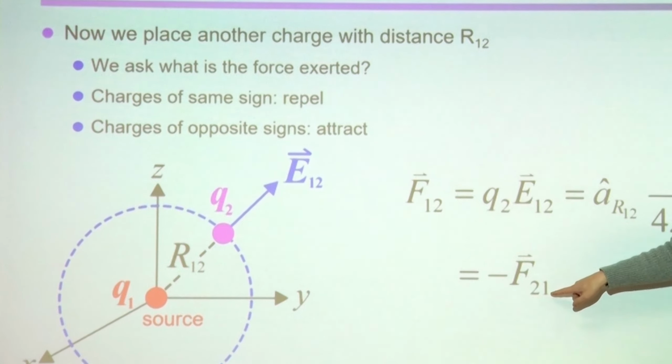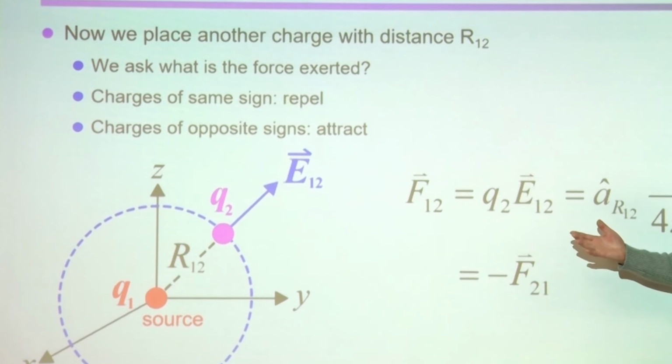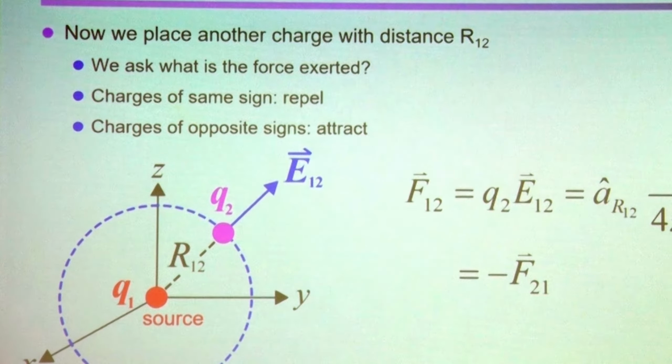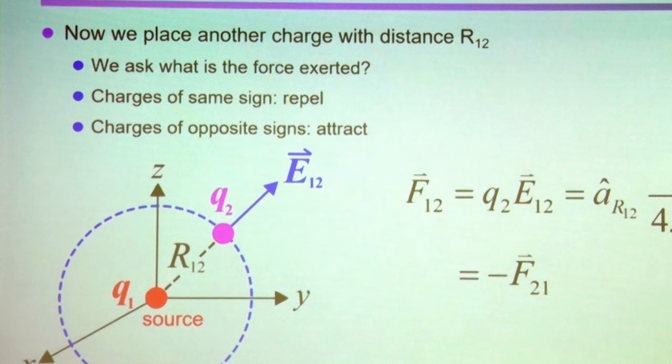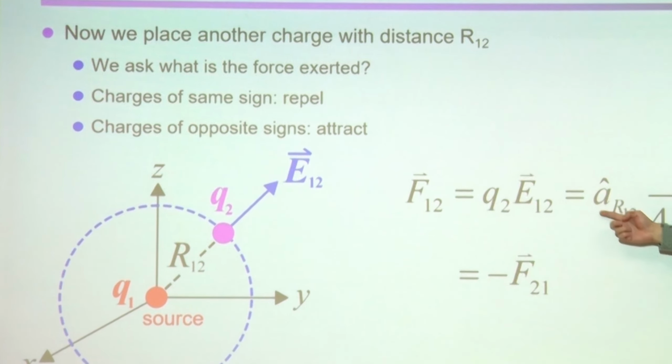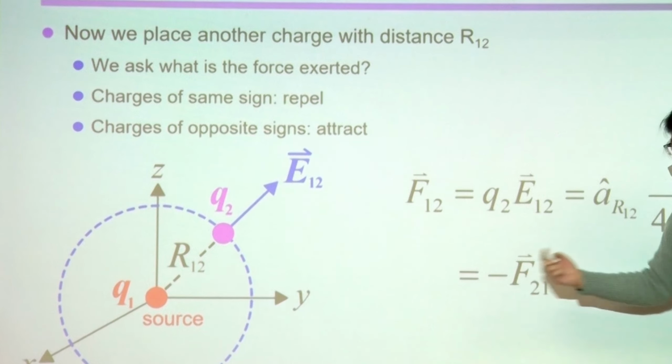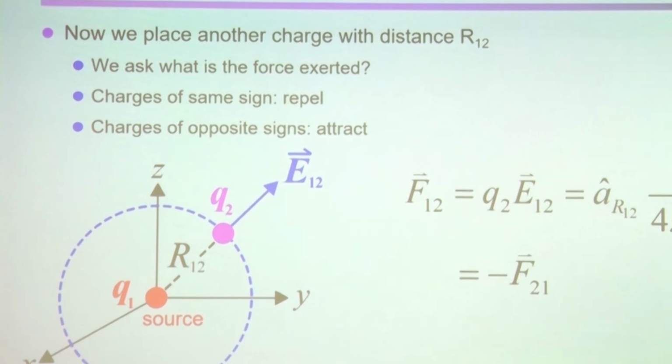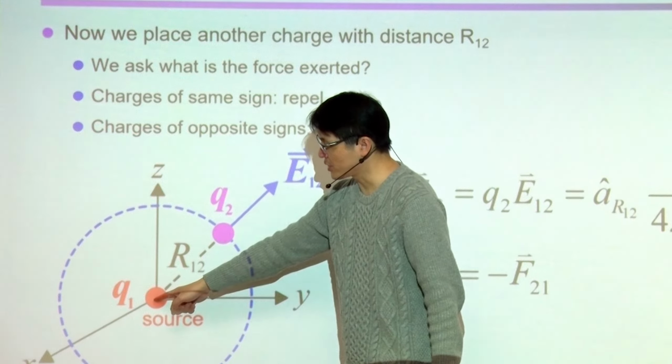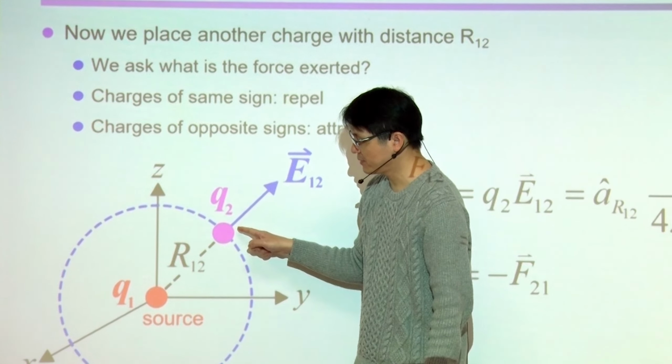So in this case, Coulomb formulated the force felt by charge number 1 due to the presence of field created by the second charge would be having the same amount. They have the same magnitude, but the only difference is now the unit direction is reversed. Okay?